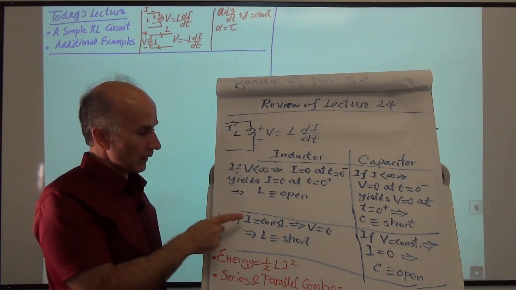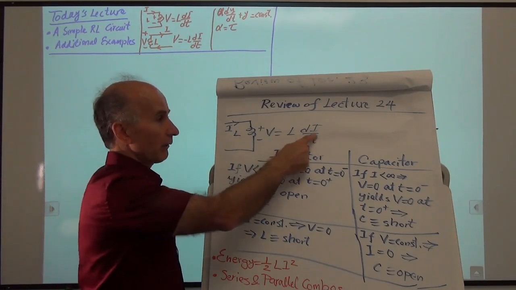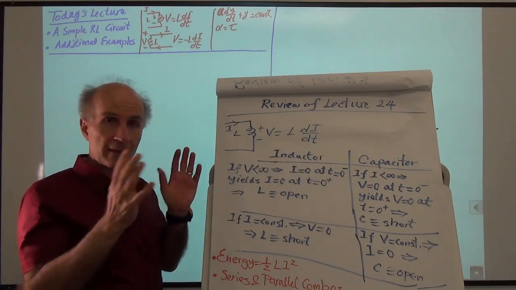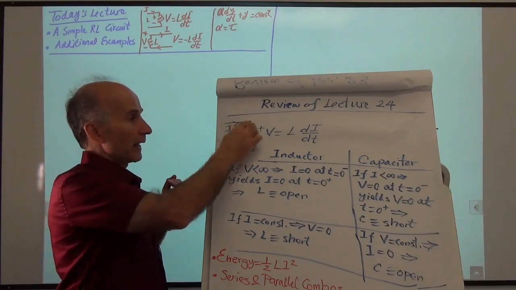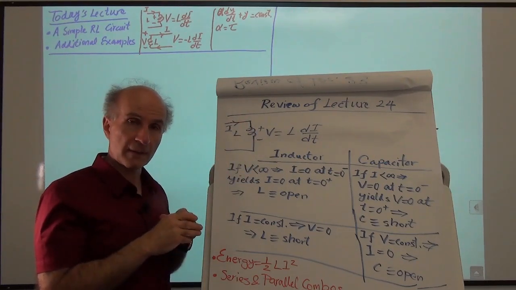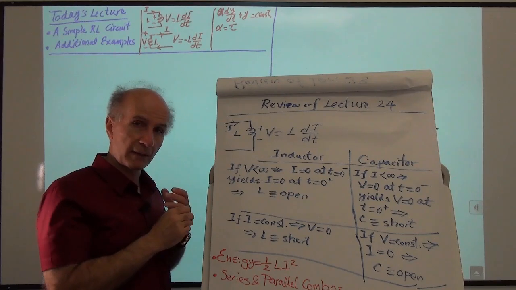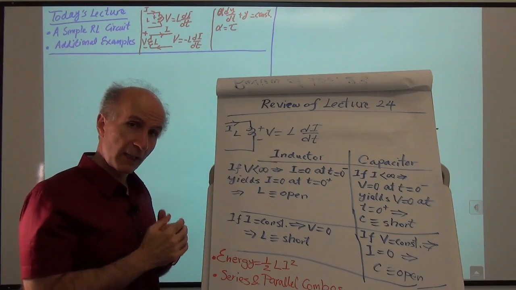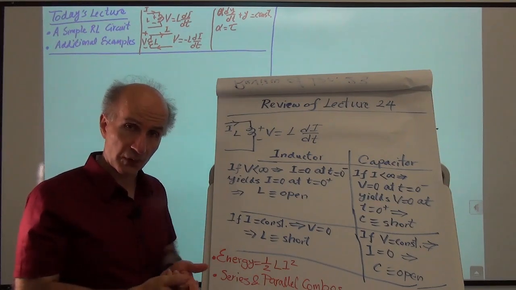On the other extreme, if the current through the inductor is constant, so for example all of the transients have died away, then the voltage across the inductor has to be zero. It guarantees a 0 volt difference, which is equivalent to a short circuit.